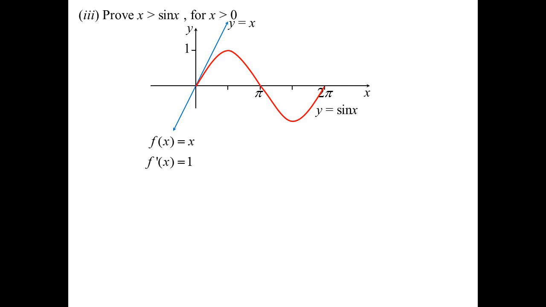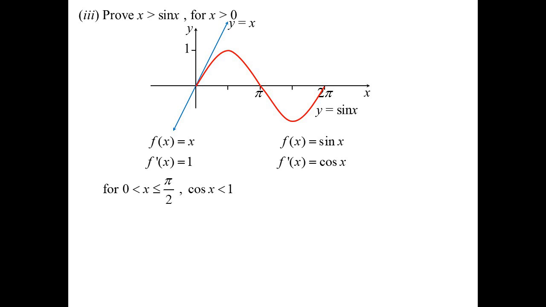Now the trig graph. This is where you have to bear with me, because I know we haven't looked at differentiating trig yet. So trust me when I say when you differentiate sine, you get cosine. All right? So whenever in between 0 and pi on 2, I'm just looking at the first quadrant, cos x will be less than 1. So the slope of the sine graph must be less than 1.